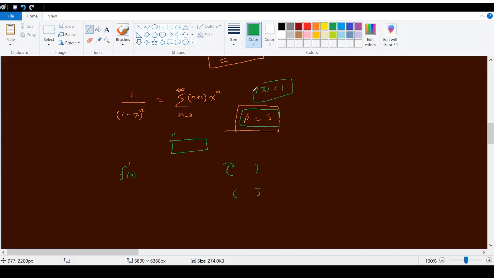We will have to do some more calculations to figure out whether this one also includes the same endpoints, right?